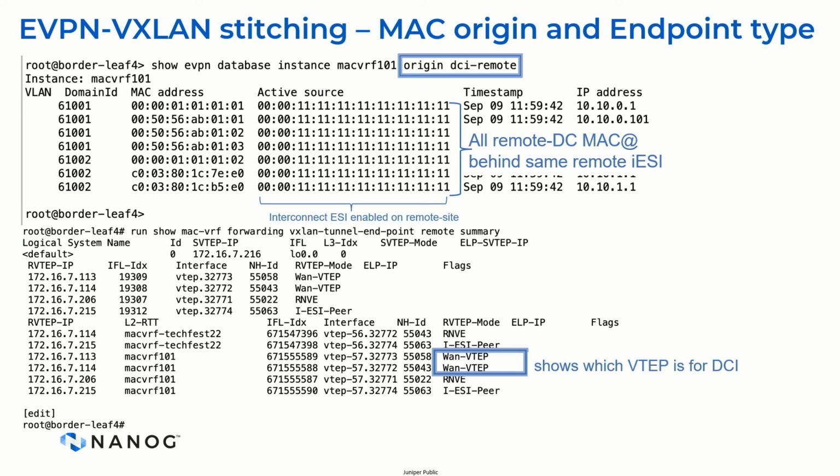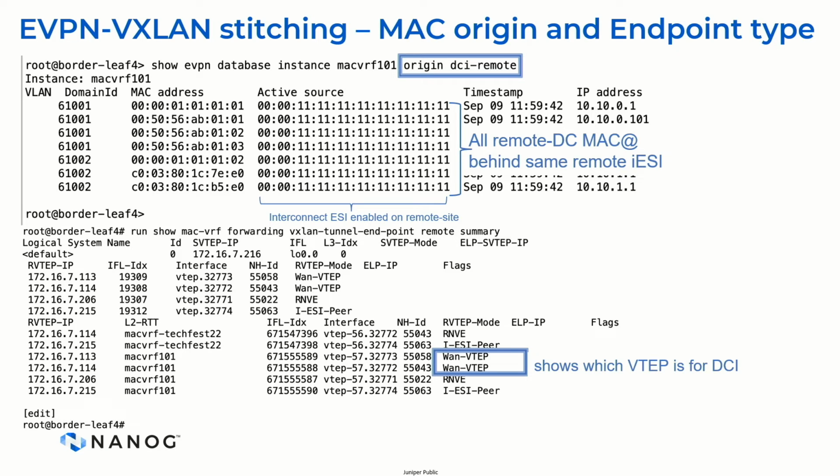So from the verification point of view, I mentioned that we can use the site identifier as a way to trace the origin of the MAC addresses. So in this case, we have, for example, all the MAC addresses I learned here, they are coming from a specific site. And in Junos, I can precisely specify either I'm searching for MAC addresses from remote locations, or all I care about is the MAC addresses that are local to the fabric.